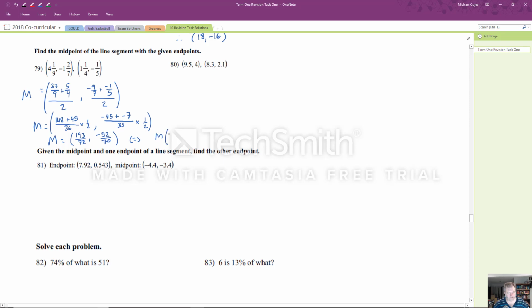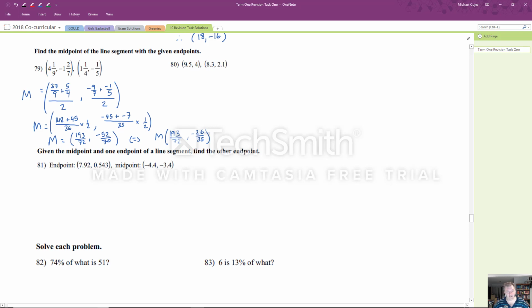The midpoint is going to be 193 over 72. And these were both even, weren't they? So that's going to be negative 26 over 35. Messy, but doable. Get comfortable working with fractions. They're not that hard. Just takes a little bit of confidence and practice. You've certainly got time to do that.